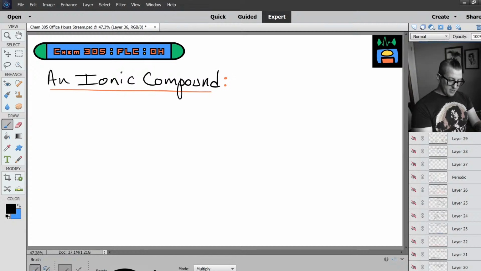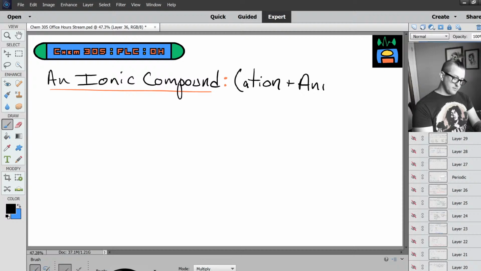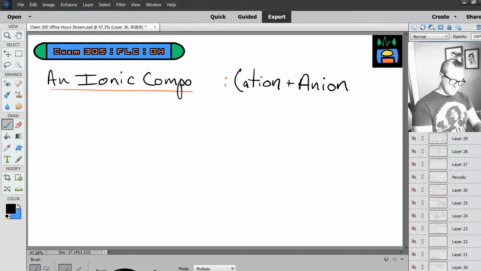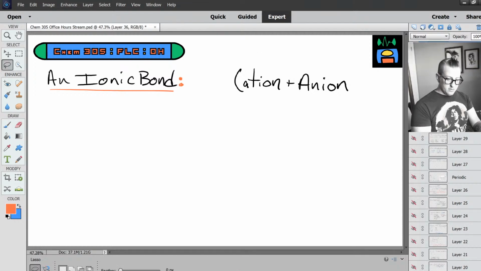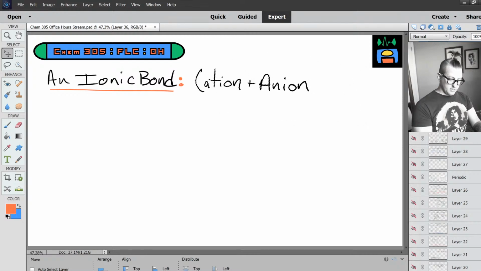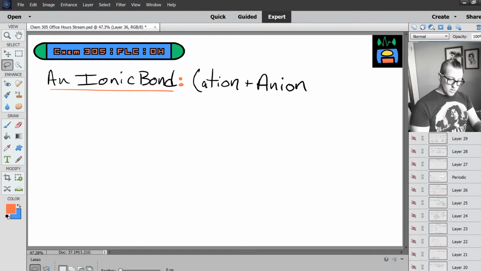You need a cation plus an anion. Or I shouldn't say an ionic compound, I should say an ionic bond. What makes up an ionic bond is a cation present with an anion.